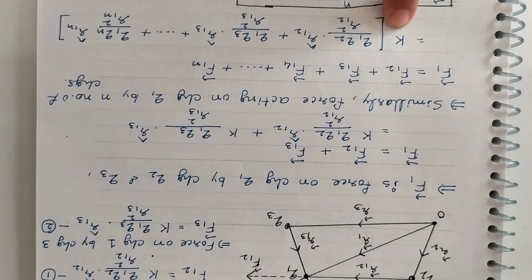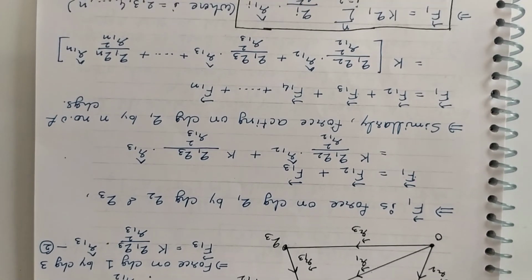What are we left with? Q1 Q2 upon R12 square R12 cap plus Q1 Q3 upon R13 square R13 cap, and so on, up to Q1 Qn upon R1n square R1n cap.